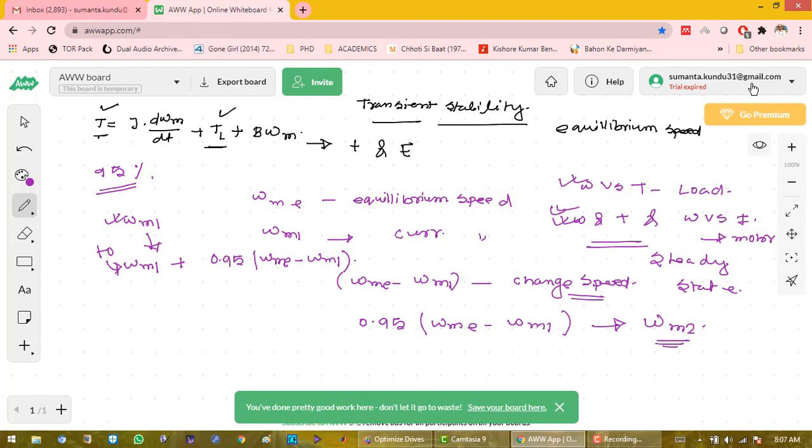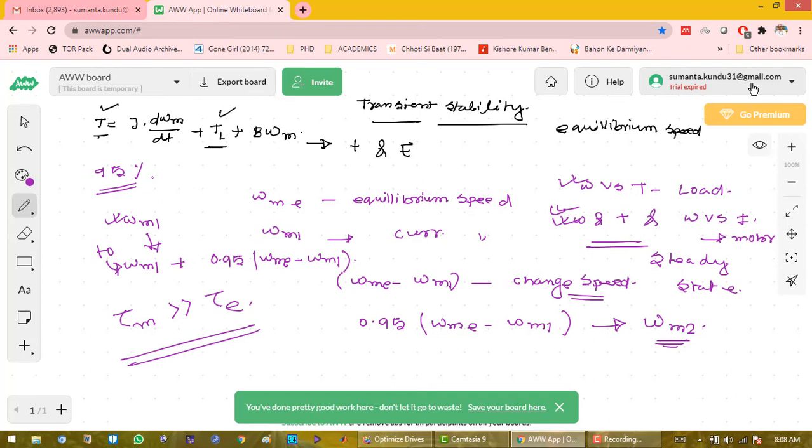So if the electrical time constant is lesser than the mechanical time constant of a motor, as a consequence, electrical transients die out very fast.